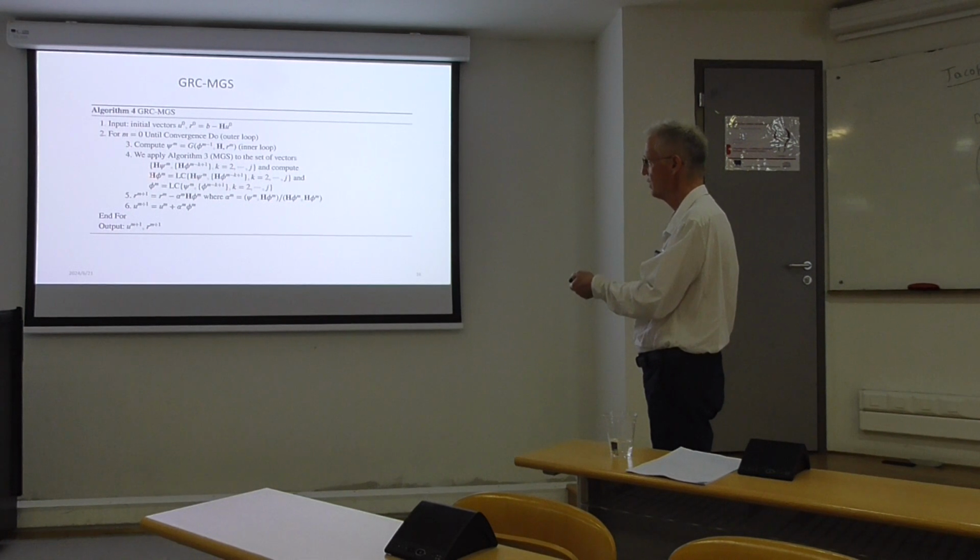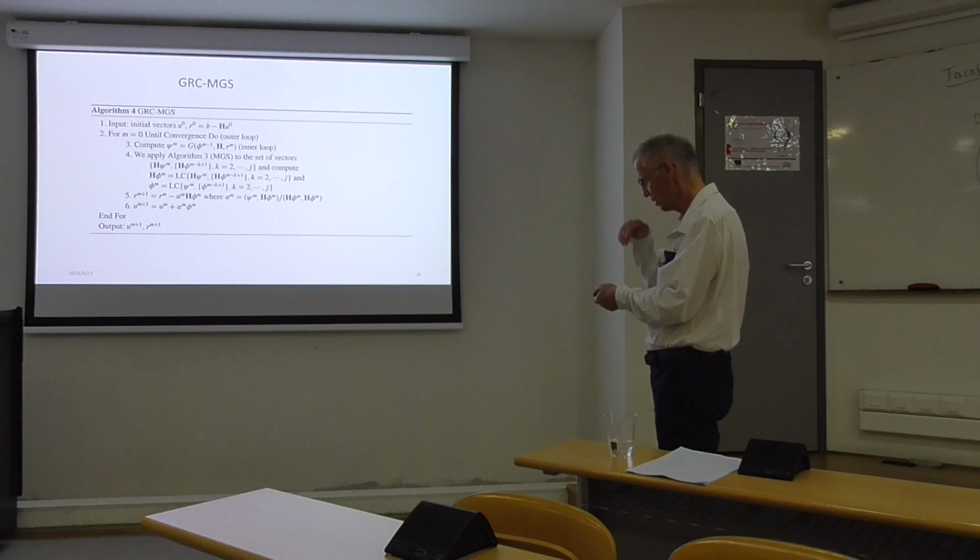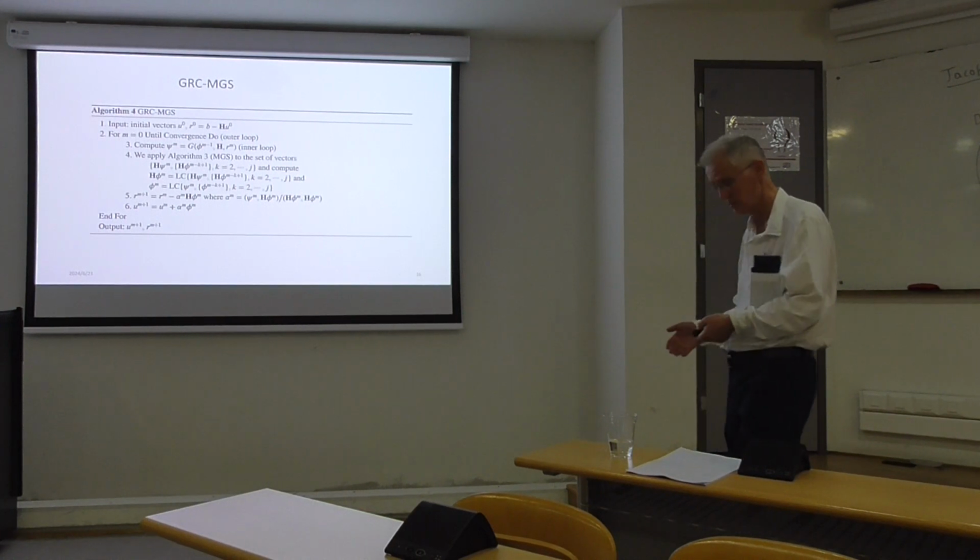So we have these two new vectors, and then it can easily be proved mathematically that the solution of the least squares problem involved in the RC method and also in the GRC method essentially needs just a new scalar which is computed this way, because of the modified Gram-Schmidt and the classical Gram-Schmidt.